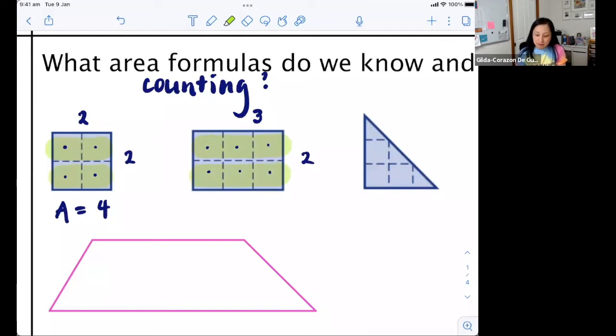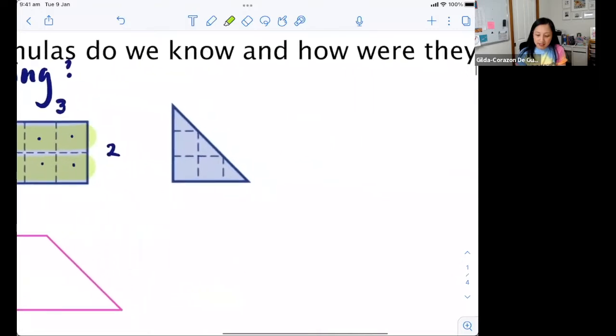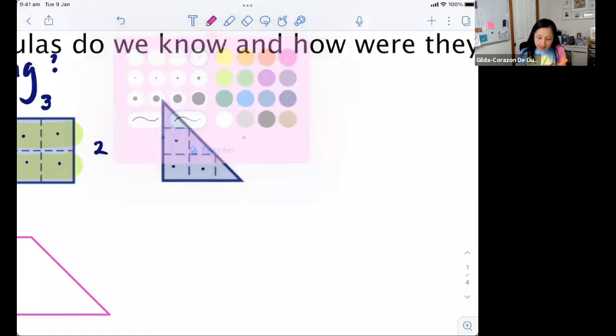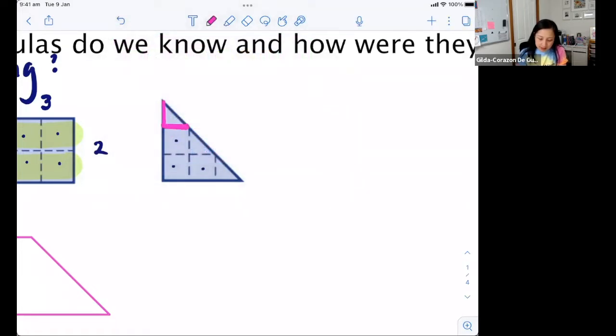Now, when you look at the triangle here, would you be able to count the squares? Well, you can certainly say that's 1, 2, 3, right? And if you use some problem solving strategies here, you could say, I could get this triangle here and move that over here so that it will complete that square.